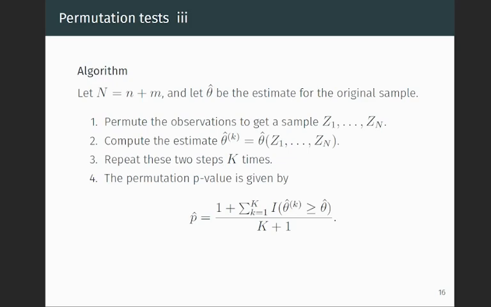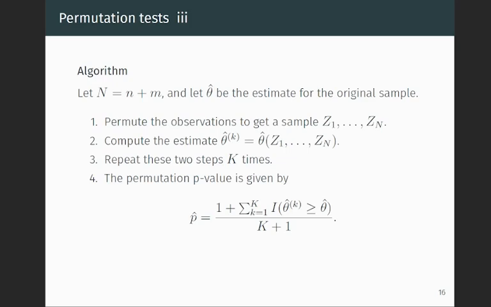Let's call it z1 to z capital N. Using that sample, we'll compute the estimate theta hat k for little k, which will be a function of the original sample, of the permuted observations. And then we'll repeat these two steps K times. So we permute the observations and recompute the estimate again. At the end, what we have are capital K estimates, theta hat k, that are coming from the null distribution.